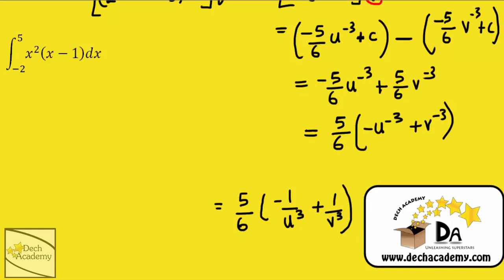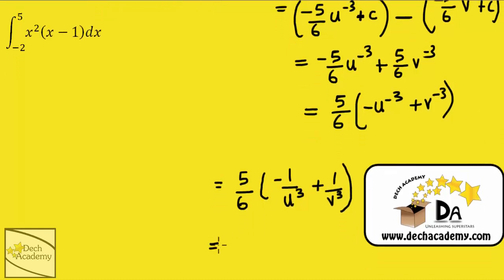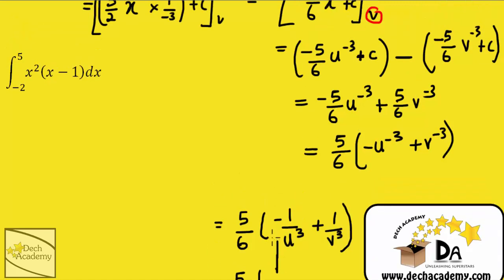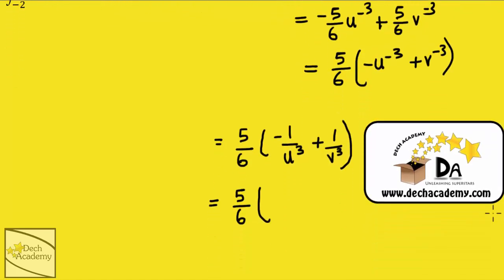So just rewrite it, just make it neater. This is 5 over 6, have it as 1 over v cubed minus 1 over u cubed.